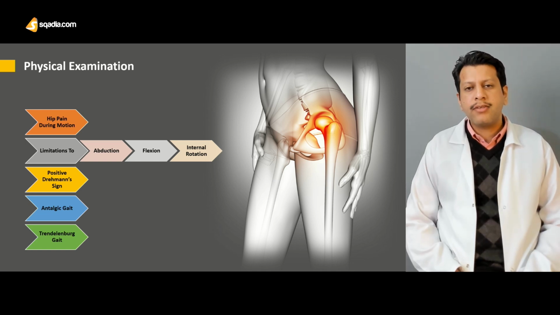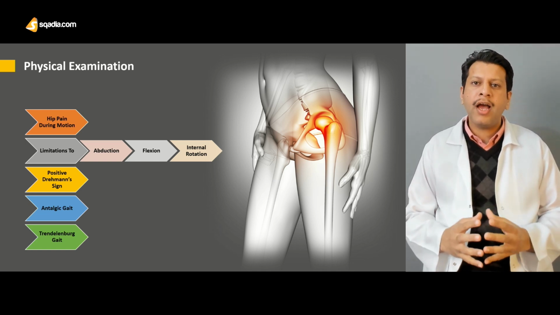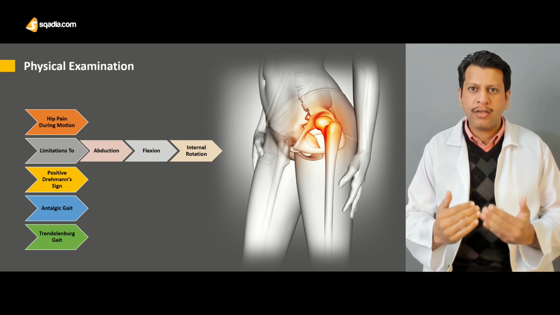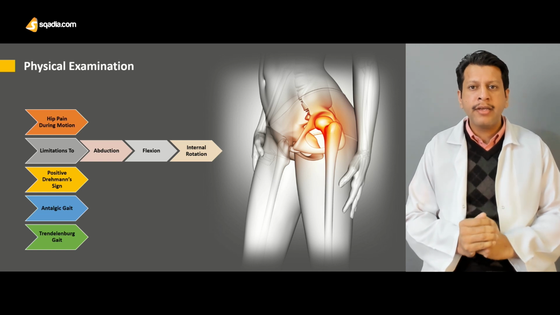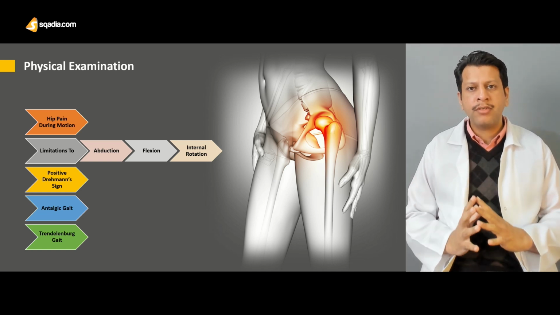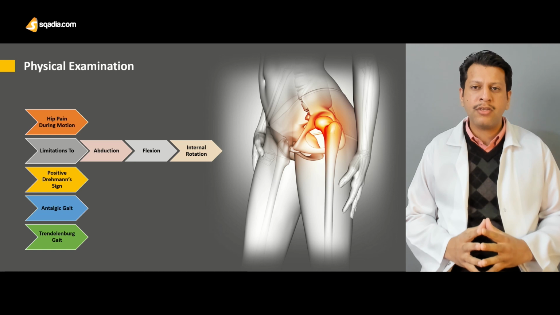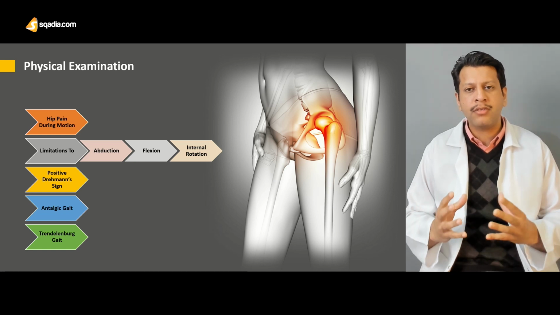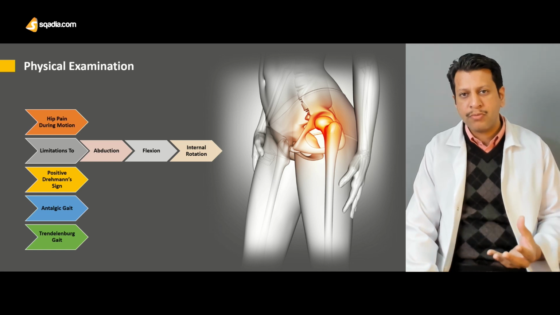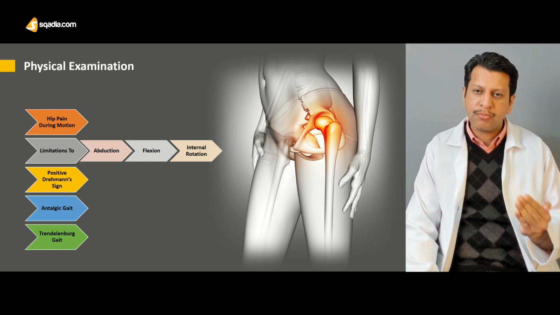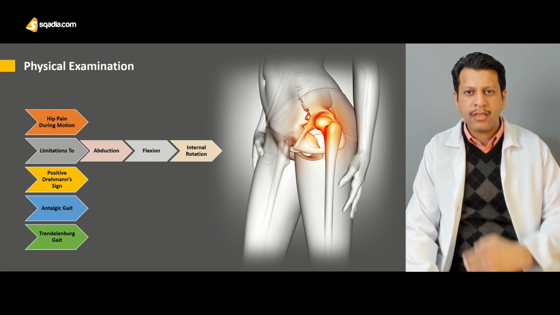So when we are assessing the hip joint, we have to ask the patient to walk a few steps over there and then come back to assess the Trendelenburg gait, and then we have to perform the Trendelenburg sign to elicit whether there is any associated glutei weakness or not. And that is of the utmost importance because we have to assess whether the problem is at the hip joint or at the spine level.